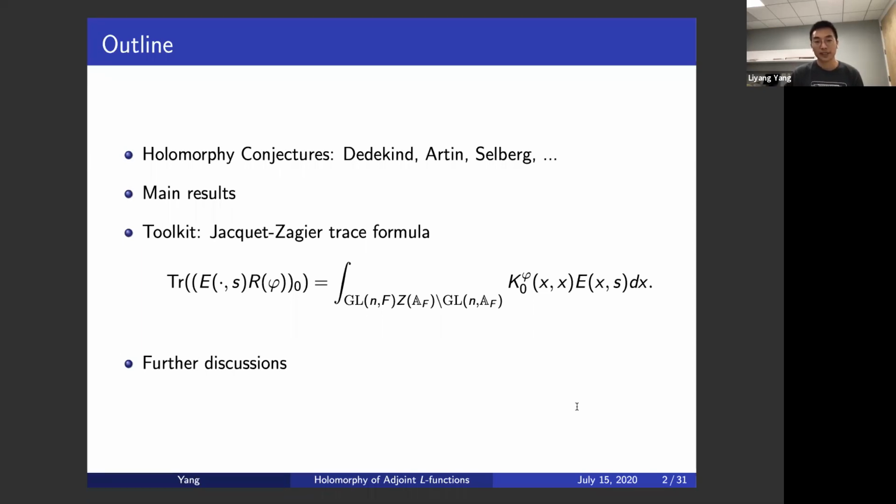Our main toolkit is a variant of the trace formula, and we will call it the Jacquet-Zagier trace formula. Roughly speaking, it's a weighted version of the celebrated Arthur-Selberg trace formula by an Eisenstein series. We'll talk about this later, and then we'll give some application of this holomorphic continuation to the horizontal Sato-Tate problem on GL3, as well as some related discussion on beyond endoscopy.